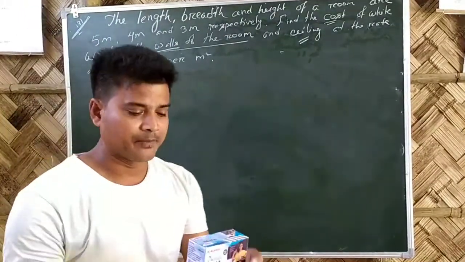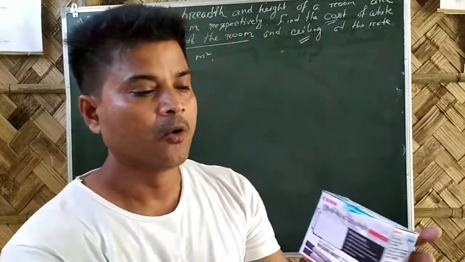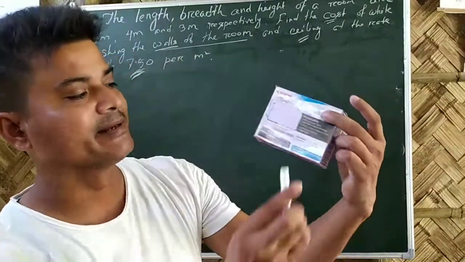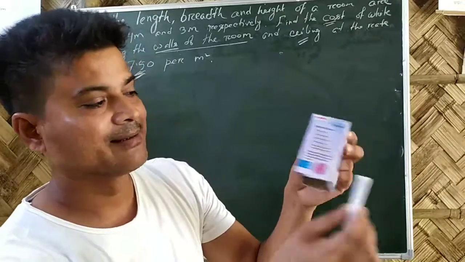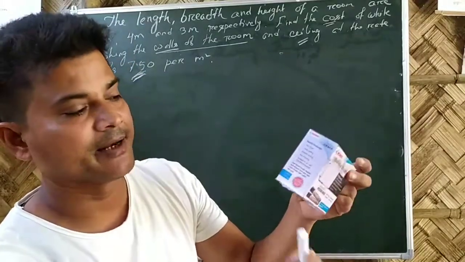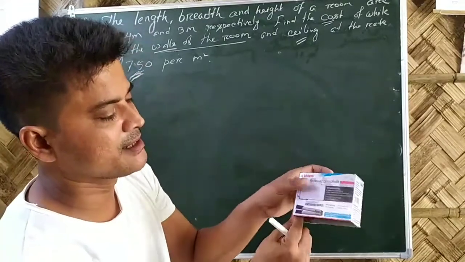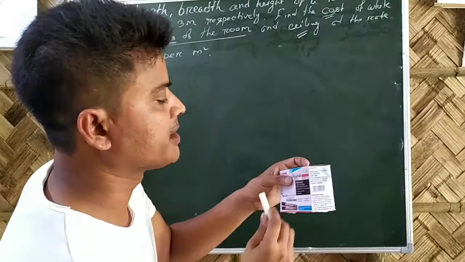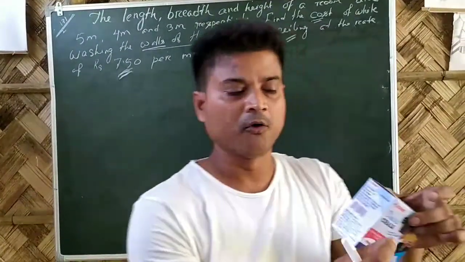So I have already discussed that we need to calculate the area of the 4 walls. Let's see, if this is a room, then this wall and this wall are equal. This wall and this wall are the same, and opposite to it, this wall is similar to this wall. So first and foremost we need to find out the area of these 4 walls.